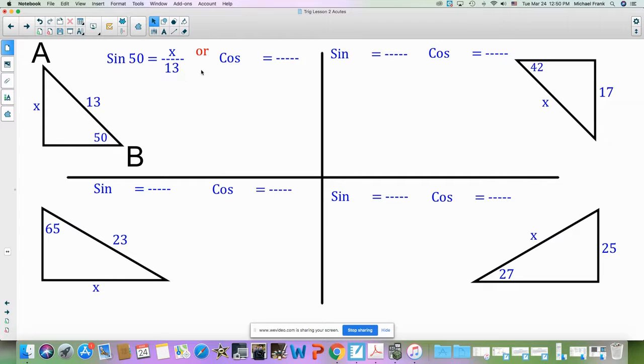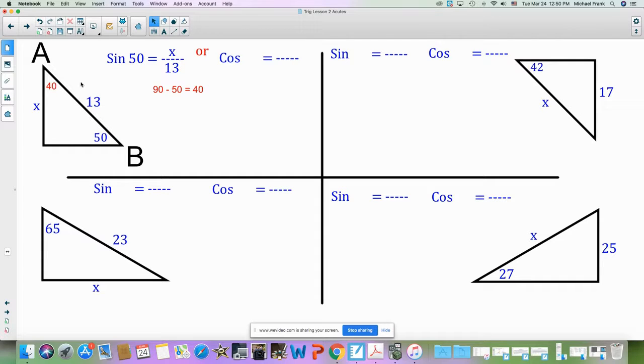Now, if we're going to make that equal to another function using cosine, we have to use this other angle up here, angle A. One way we can always find the other acute angle of a right triangle is to just say 90 minus 50, and that will be equal to 40, right? So we could just take 40 degrees and bring it up here.